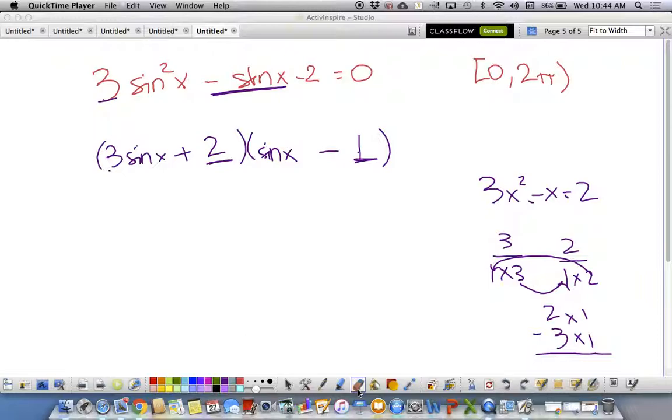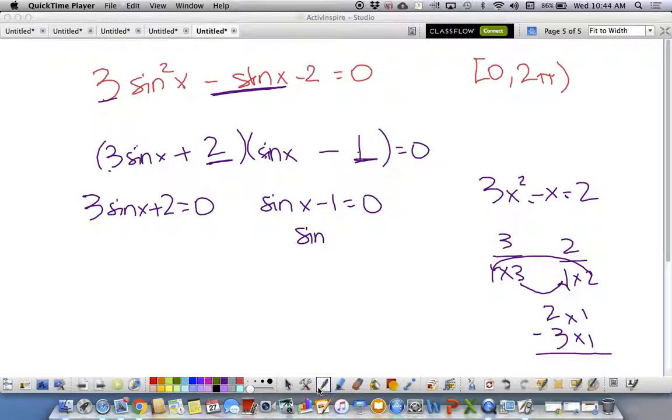So here we go. We need this to still equal 0. So we have 3 sine x plus 2 equals 0, and sine x minus 1 equals 0. I like to go with what's easy first. So this one over here, sine x equals 1. Where in the world does sine equal 1? I'm looking on my graph, or you're plugging it into your calculator. 90 degrees.